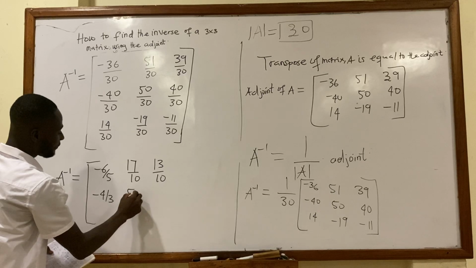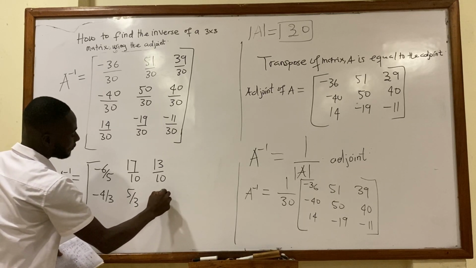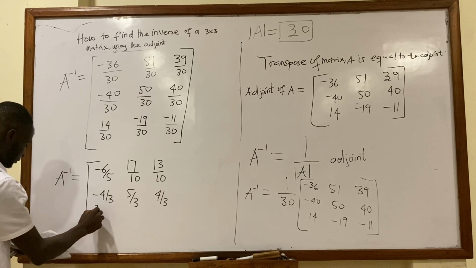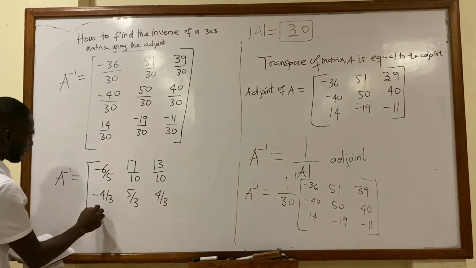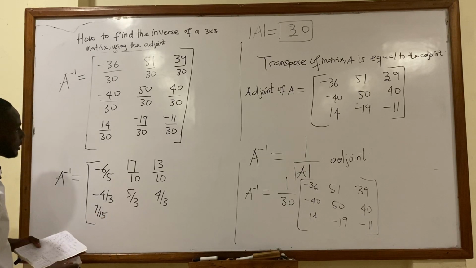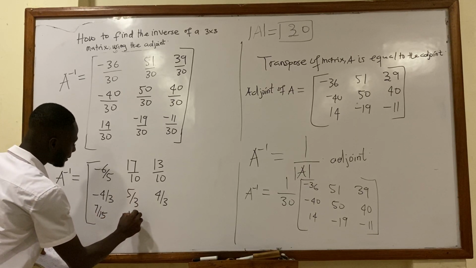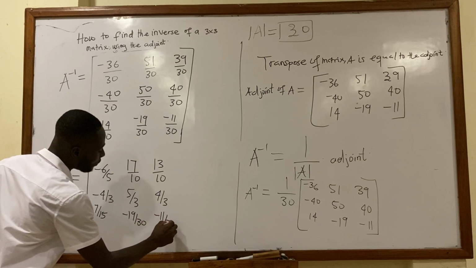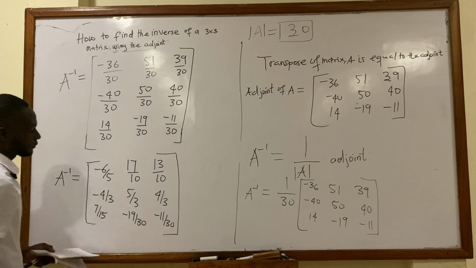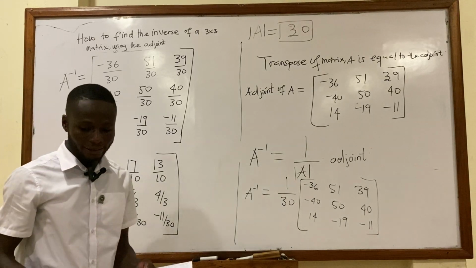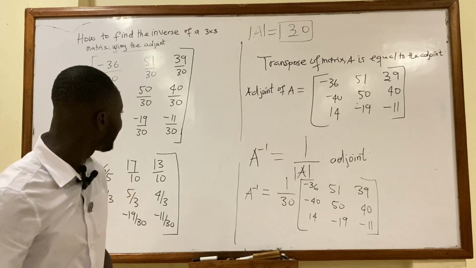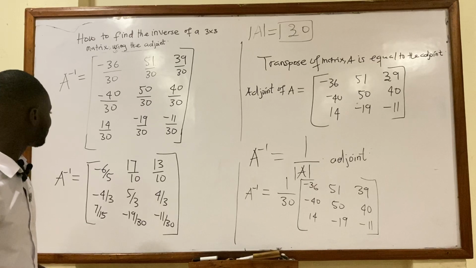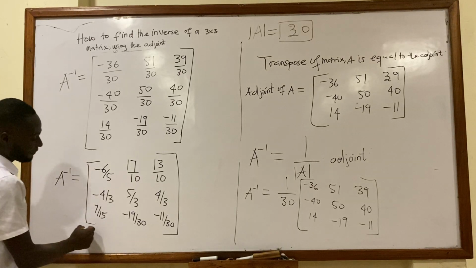This will give us 5 over 3, 4 over 3, and then we have 7 over 15, and then minus 19 over 30. Then the last one will also be minus 11 over 30. Right. So this is the inverse of matrix A obtained.